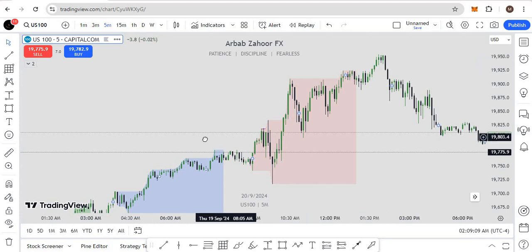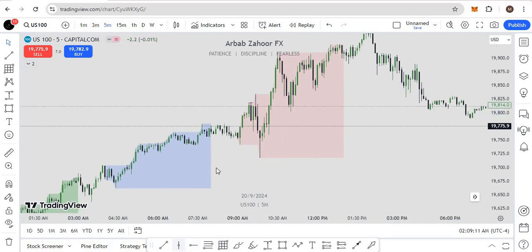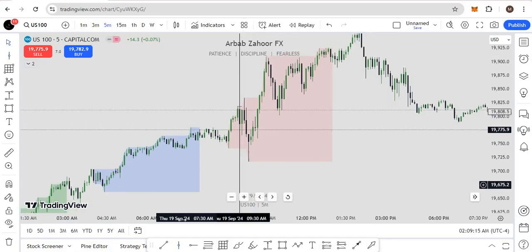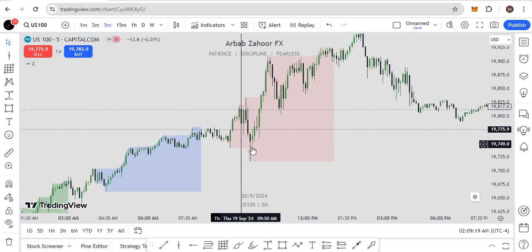All right, so what happened here at 9:30? After 9:30 you will see what happened here. Price came to the downside, swept these areas here, and the sweeping time was 9:50, so it reached the internal range liquidity.